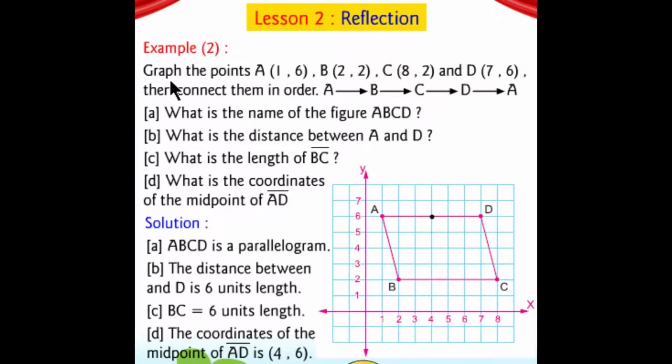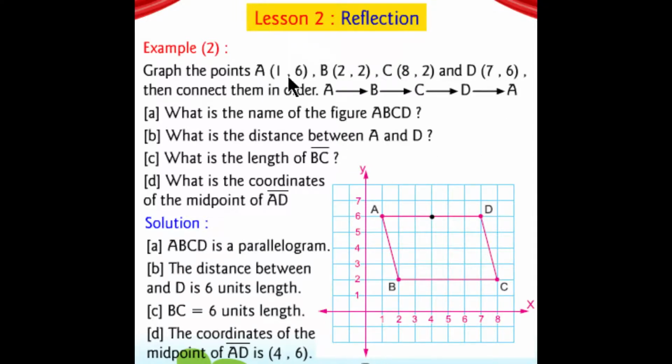Example 2. Graph the points A (1, 6), B (2, 2), C (8, 2), and point D (7, 6). Then connect them in order: A to B to C to D to A. First, put the points.